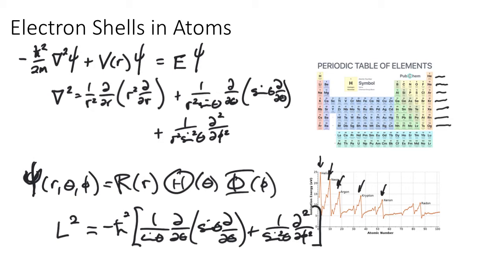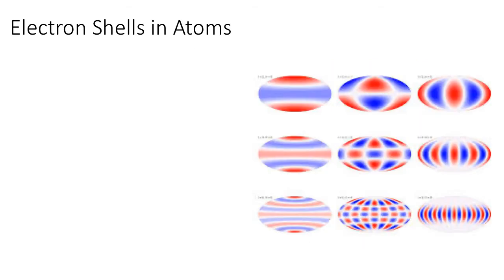Okay, so with that operator, I can find functions which, when I apply that operator, give me eigenvalue solutions. I'll write it here on this page. So I want to find functions of theta and phi which are eigenfunctions of this operator.